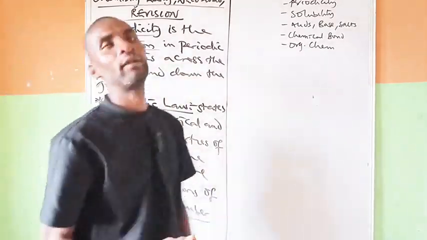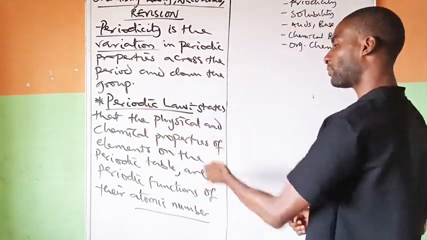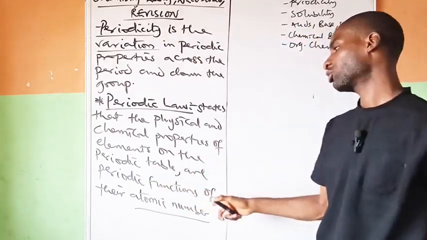Let's take that again. The periodic law states that the physical and chemical properties of elements on the periodic table are periodic functions of the atomic number.